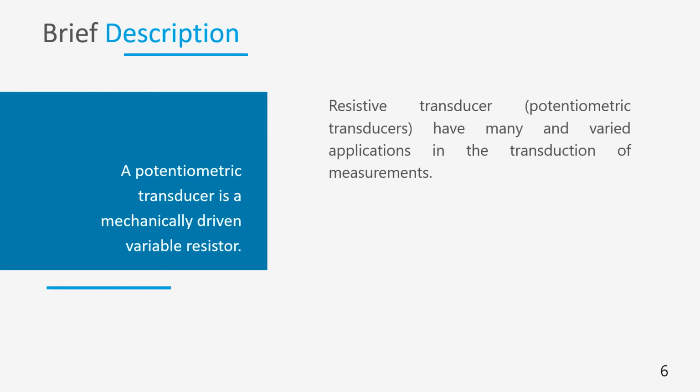Resistive transducers, or potentiometric transducers, have many and varied applications in the transduction of measurements. These can be displacements, mechanical strain, pressure, force and load, temperature, and fluid velocity into electrical outputs.